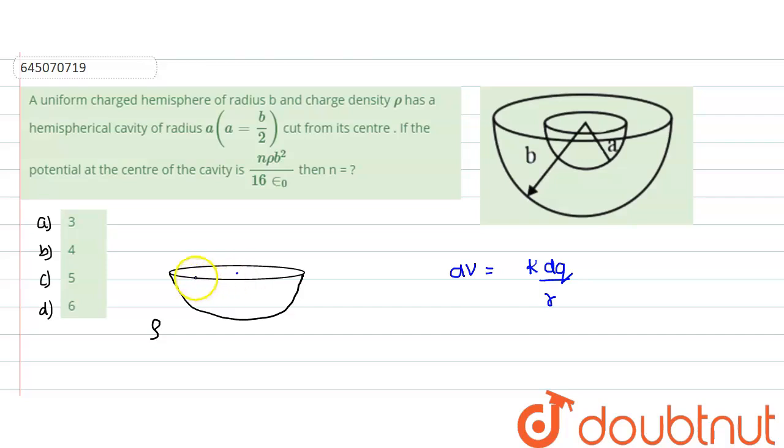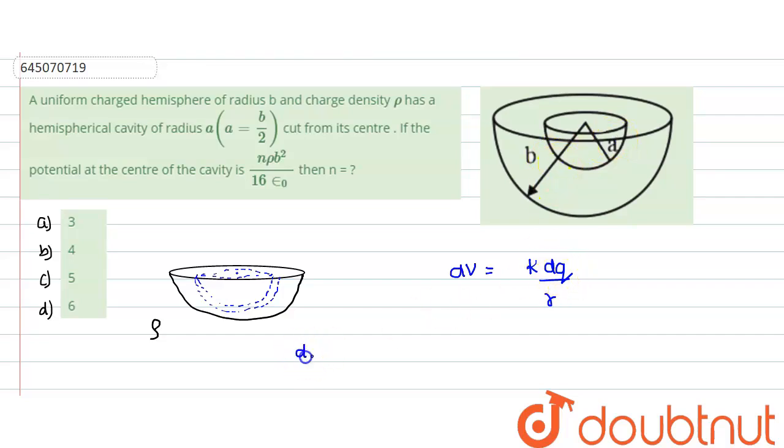We have taken a hemispherical cavity inside the sphere. We are calculating the potential due to this part, and then due to the rest of the part we can integrate. Due to the cavity we can take the limit from a to b. Now what would be the charge dq?